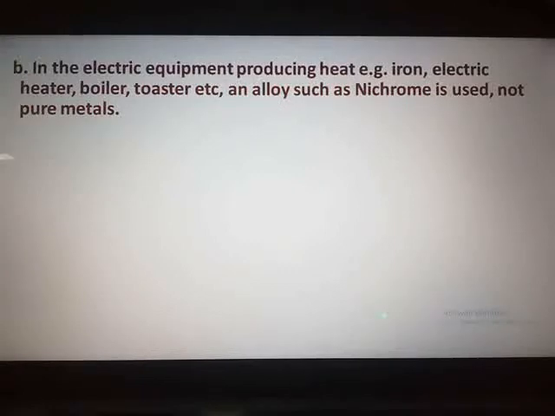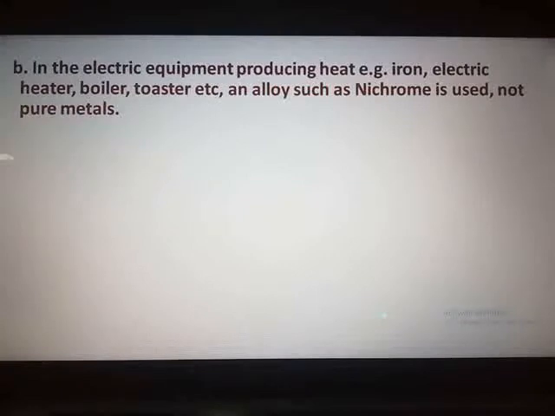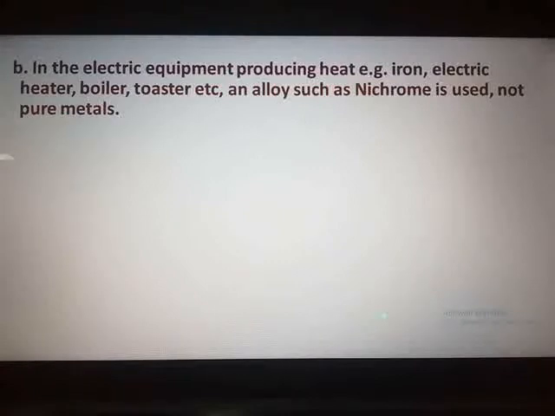In electrical equipment producing heat, that is iron, electric heater, boiler, toaster, etc., an alloy such as nichrome is used, not pure metals. Means they have asked that in electrical equipment like electric heater, boiler, you use an alloy such as nichrome, but you do not use pure metals.